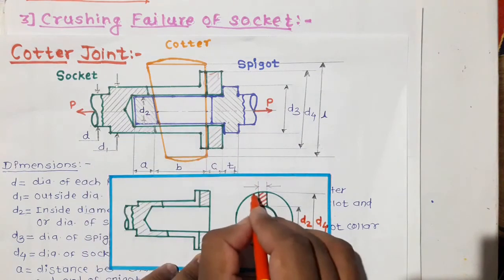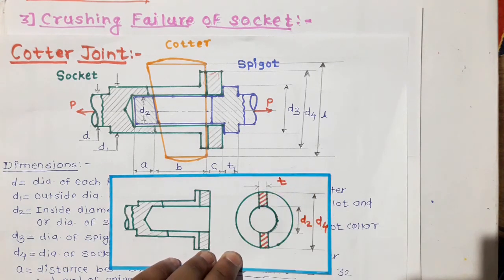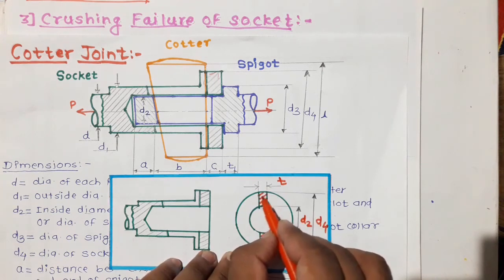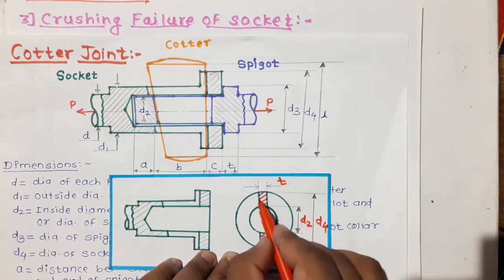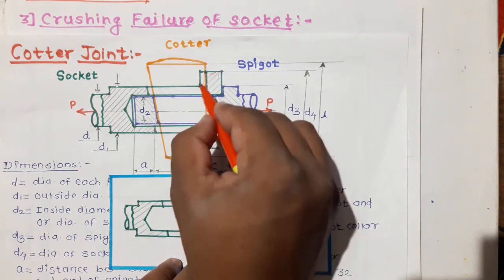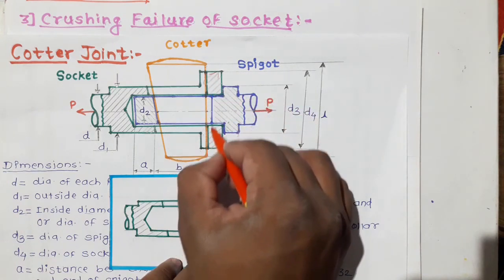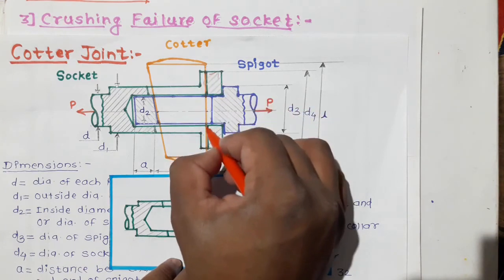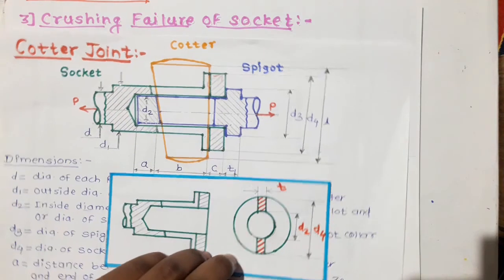Okay, and the thickness of the slot is t. The thickness of the slot is t, and with the help of this diagram we can write first the area subjected to crushing stress. The area which is shown here by red color hatching is nothing but the area subjected to crushing stress. This area is shown here because we know that the quarter is in contact with this surface of the socket and with this surface of the socket. So the quarter will exert the compressive stress, that is, crushing stress, on these two surfaces. Okay, so we have to look from the right side view so that we can see this area.